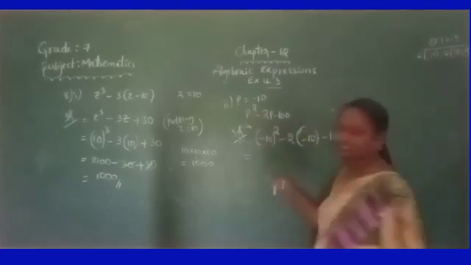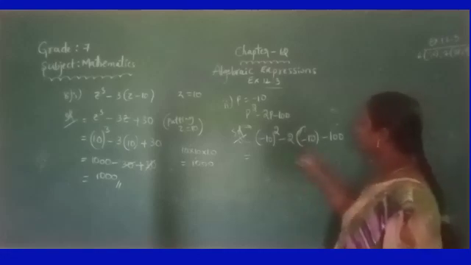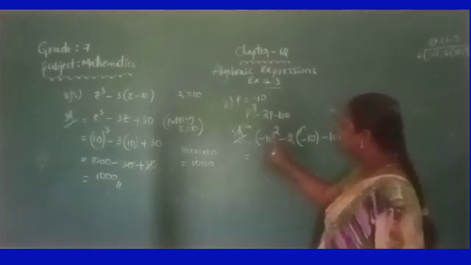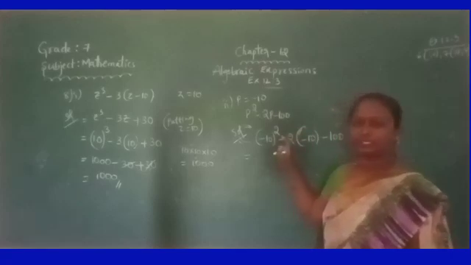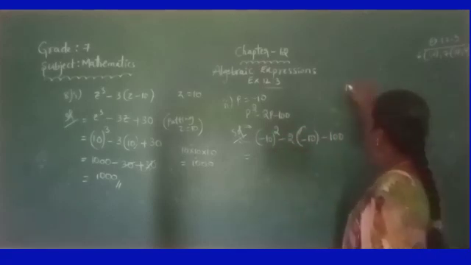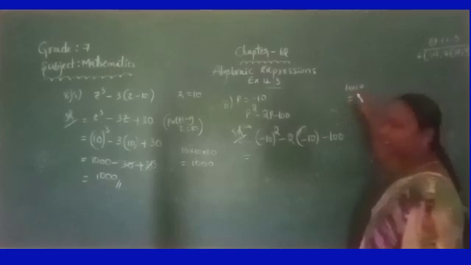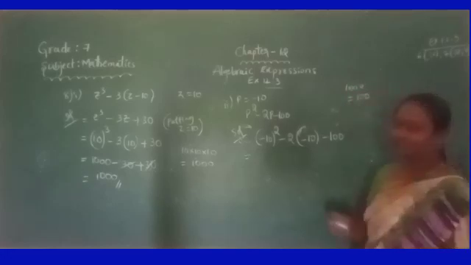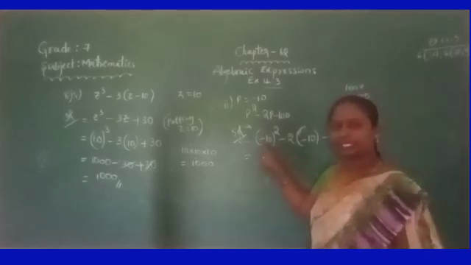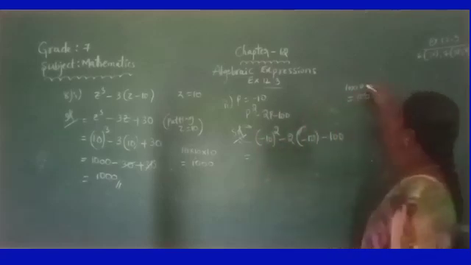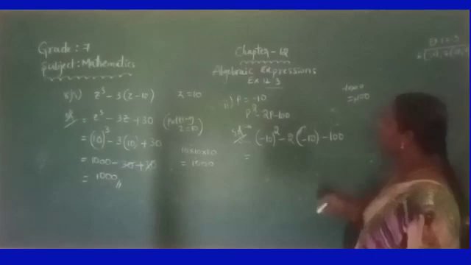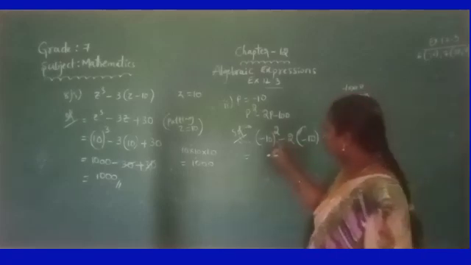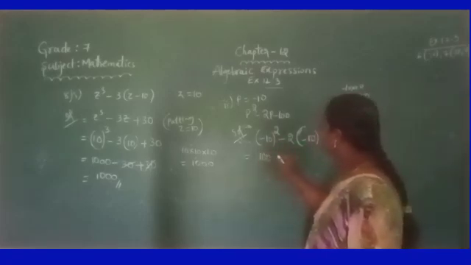Where the p value is there, you substitute minus 10. Here 10 square. So 10 is multiplied 2 times. 10 into 10 is 100. Minus is also multiplied 2 times, that is minus into minus is equal to plus. Now 10 square is 100.